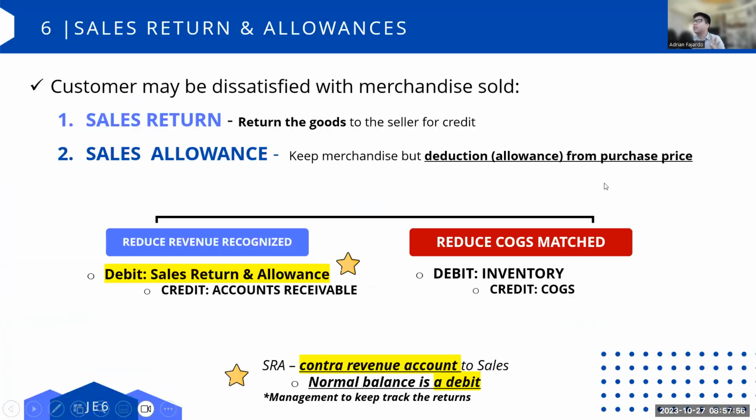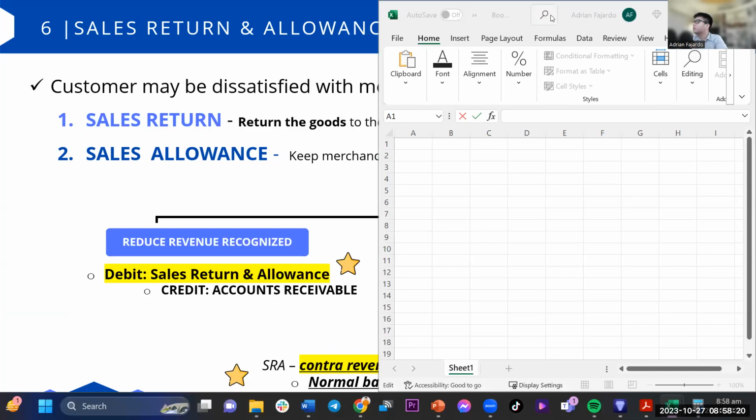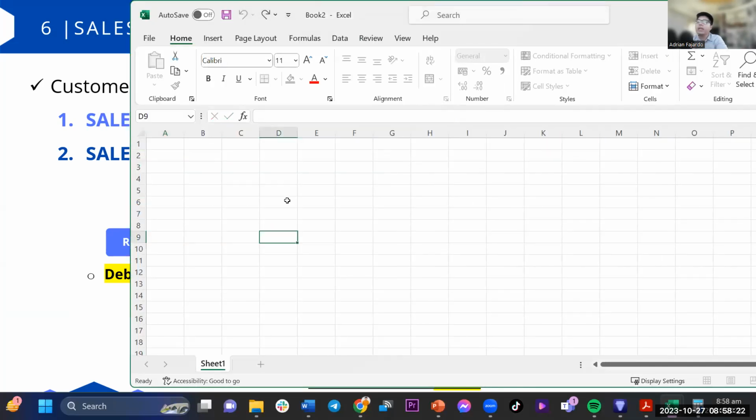Now, dito na nalilito yung ibang tao. Bakit raw kapag may sales return and allowance, ganito yung journal entry? So with this, I want to just quickly go to an Excel file. Can everyone see the Excel? Sorry.